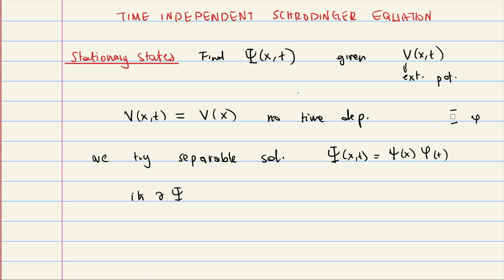So i h bar del uppercase psi del t is equal to minus h bar squared over 2m partial squared partial x squared of this uppercase psi, plus V, which only depends on x, times uppercase psi.